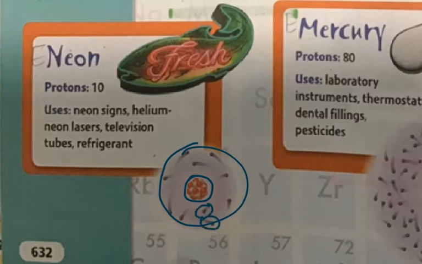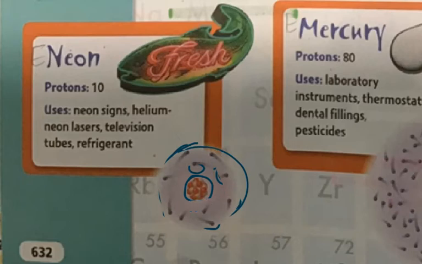We have 1, 2, 3, 4, 5, 6, 7, 8, 9, 10. Now, understand this. When it comes to the atom itself, these little things that we circled on the outside with our pencil can be gained or lost. What that means is some of those electrons can go away, and that neon atom can still survive. So it can have maybe 5.